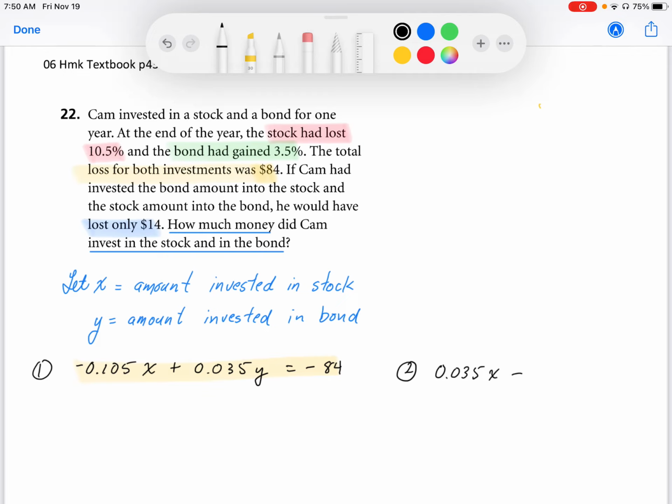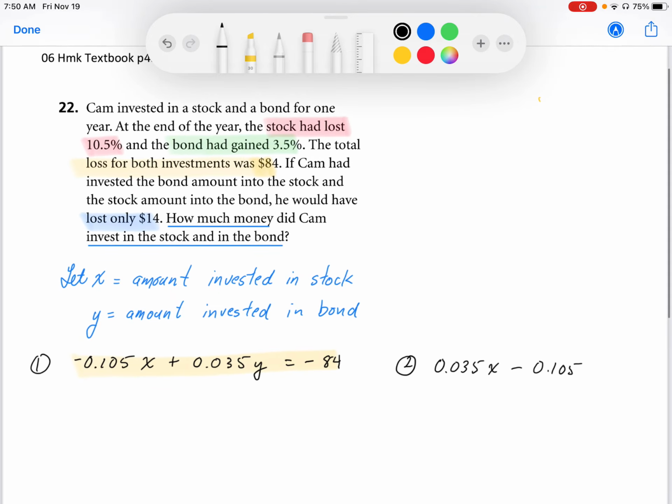And then we're going to lose 10%, so minus 0.105 times the amount originally invested in bonds, Y. Now that's being lost in stock, and we're going to end up losing $14. So there's my second equation, my two relationships and my two variables.